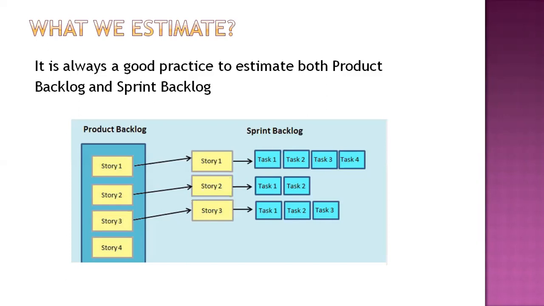There is one more option with which we can estimate our sprint backlog, that is the velocity. But the catch with velocity is, if your team is not yet stabilized, if you are in a very initial phase, your velocity will have too many ups and downs. The reason is, one, all your team members are not available. You are still hiring, people are settling down, and you don't have the same team every sprint. So it is up and down.